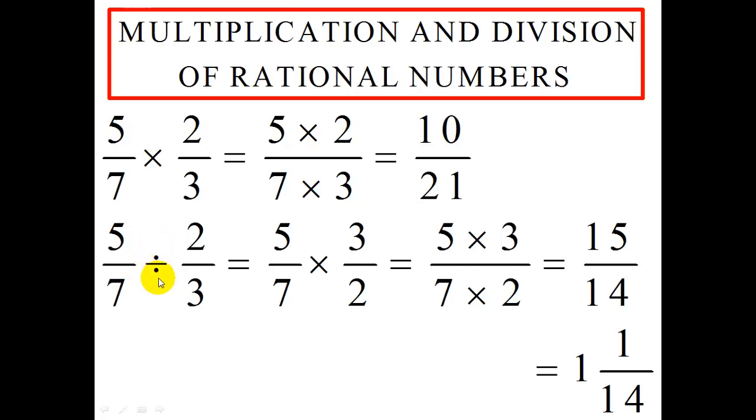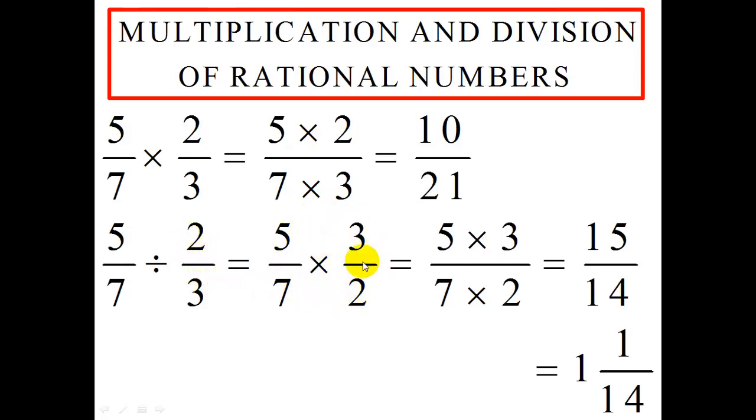And take note, when we change the division sign to a multiplication sign, the denominator of this fraction becomes the numerator, and the numerator becomes the denominator. So we have 5 over 7 times 3 over 2. Instead of 2 over 3, we have 3 over 2.